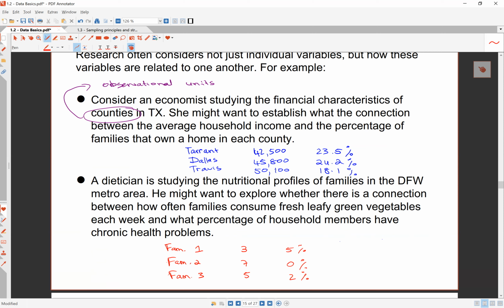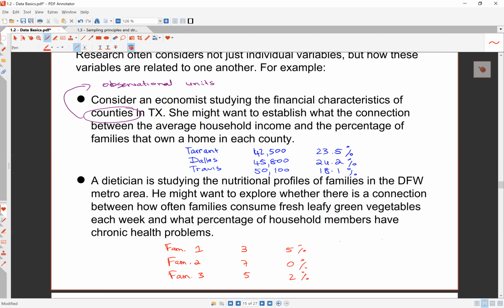Whatever it may be, you would in general expect, we know consumption of leafy greens leads to better health. So here you would expect the more leafy greens consumed, the fewer chronic health problems you might see.